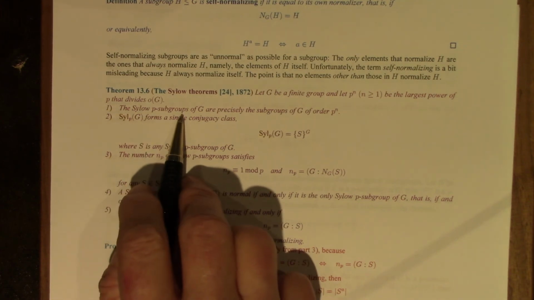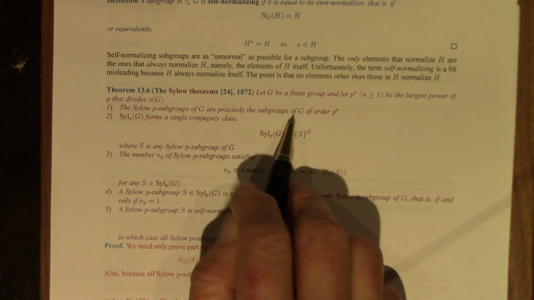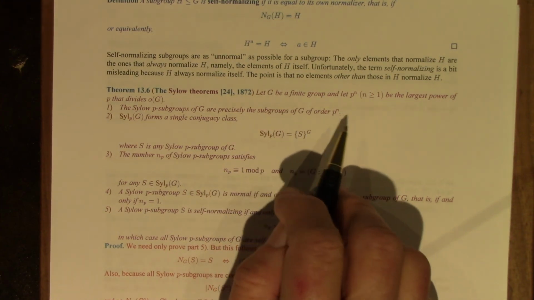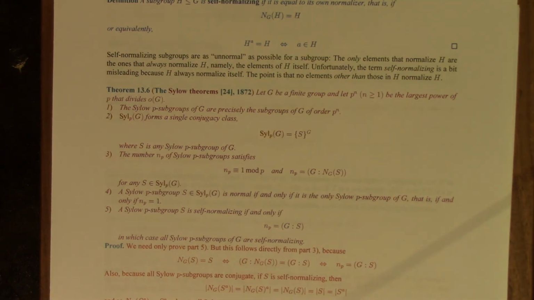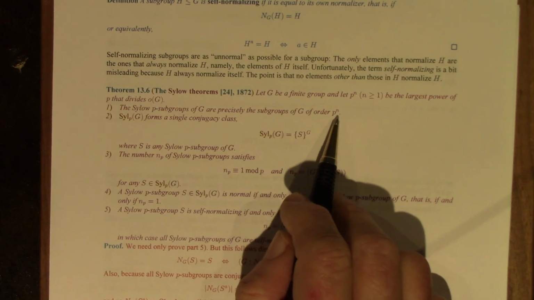The Sylow p-subgroups of G are precisely the subgroups of G of order p^n. So that is one way to characterize the Sylow p-subgroups. They are the subgroups of G that have the largest possible order of the form p^n. p^n is the largest power of p that divides the order of the group.